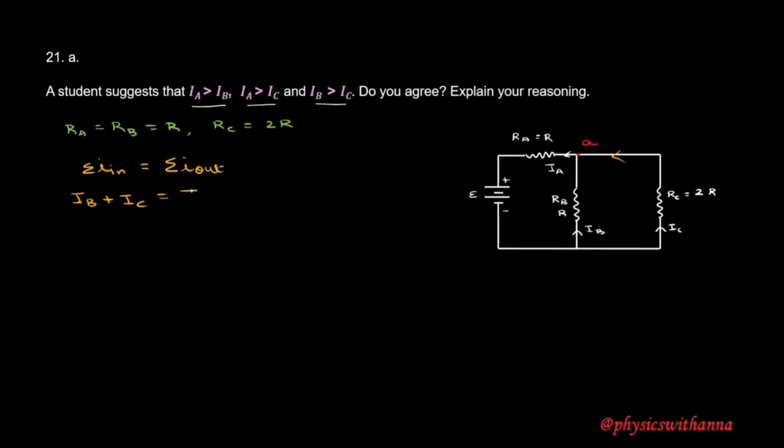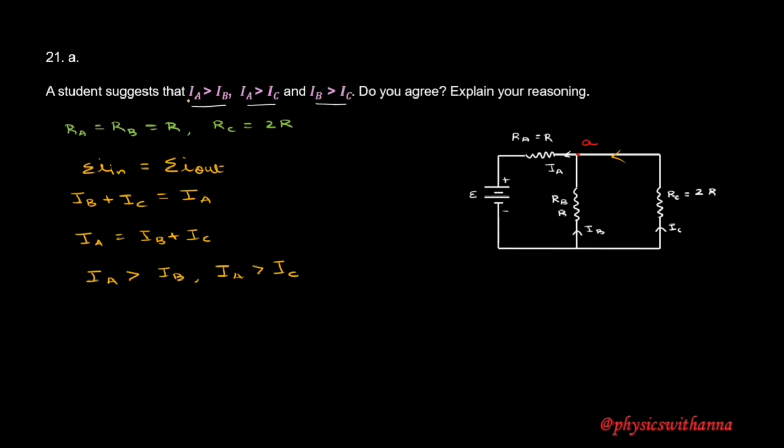Now since IA is the sum of IB plus IC, obviously IA has to be greater than both IB and IC.